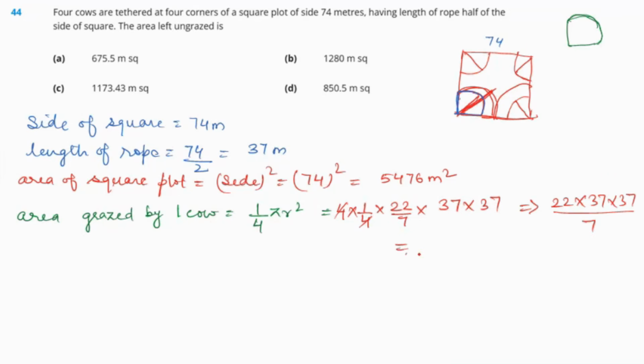Solving this, 22 times 37 times 37 is 30,118, which we divide by 7. So we get about 4,302.57 square meters.